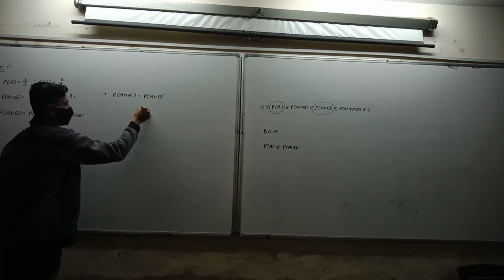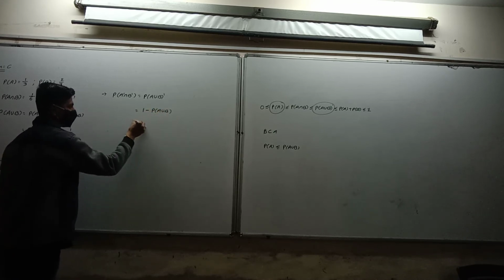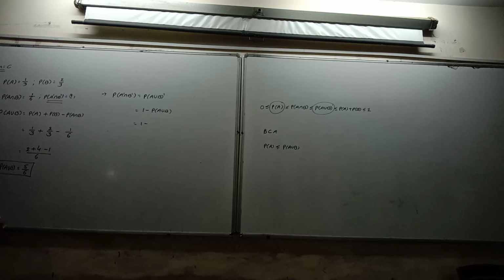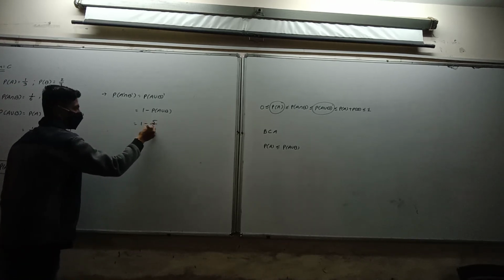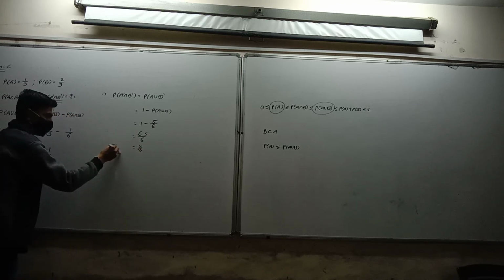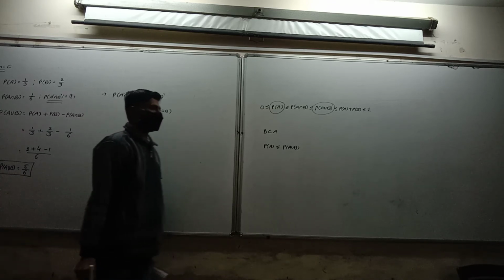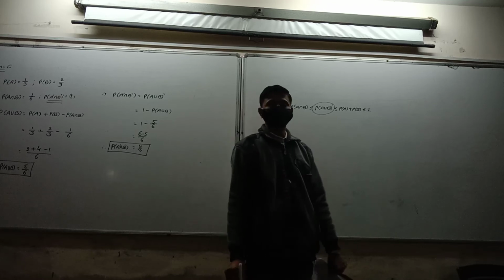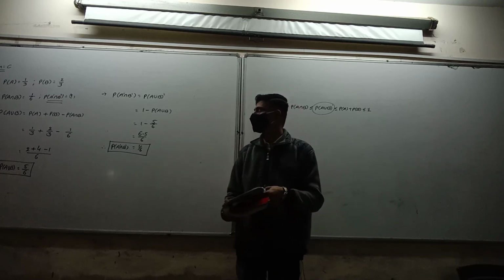Dash means complementary event, so 1 minus P of A union B. 1 minus P of A union B, answer is 5 upon 6. 1 minus 5 upon 6. 6 LCM, 6 ones are 6, minus 5 upon 6. 1 upon 6, P of A dash intersection B dash. Event A and B both are not possible. It is called A dash intersection B dash. Write down.